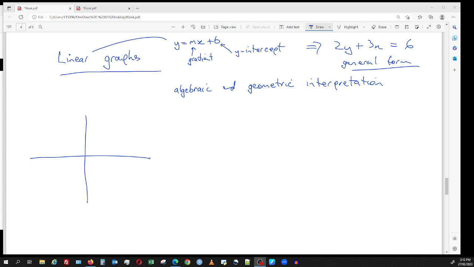So the geometric interpretation. So our basic idea here is that we have one like this.